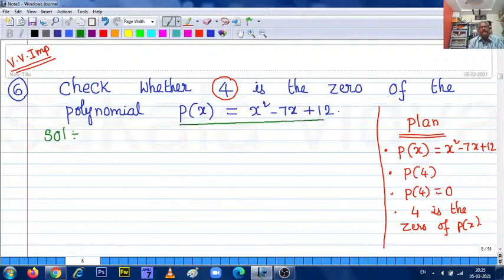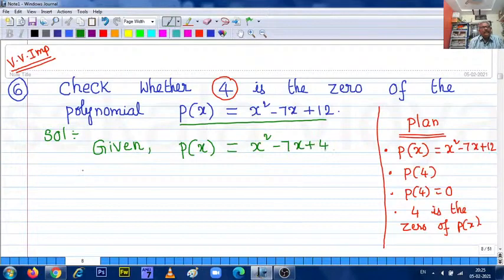Okay, so we need to consider the solution like this. This is given: P of x equals x square minus 7x plus 12. Now find P of 4.